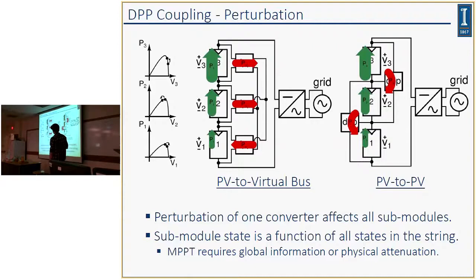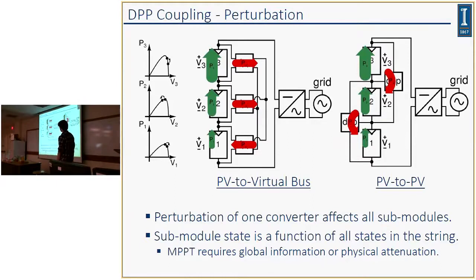So like I said, the perturbation of one converter affects all submodules, and the submodule state is a function of all states in the string. So maximum power point tracking usually requires some form of global information about the impact of all perturbations on whatever this converter is measuring. And that usually requires neighbor-to-neighbor communication or potentially global communication.